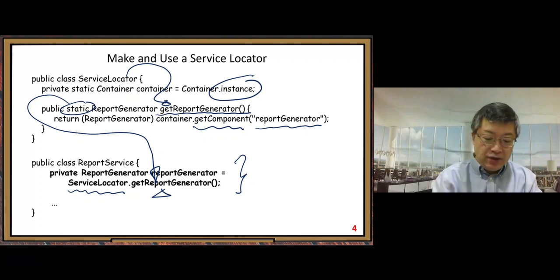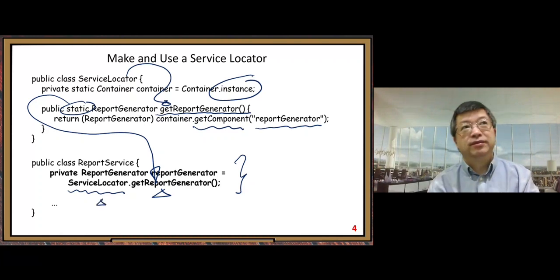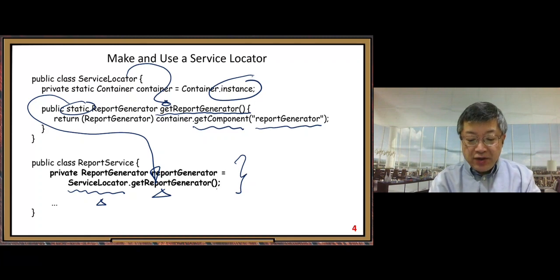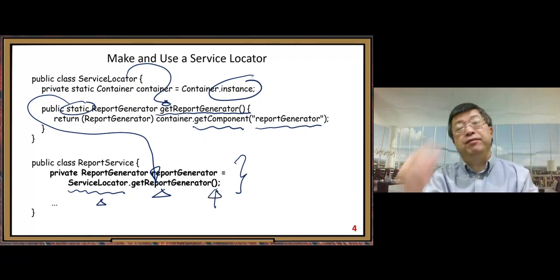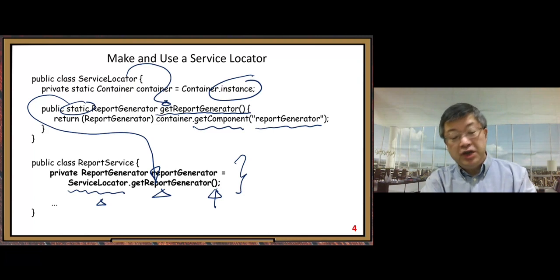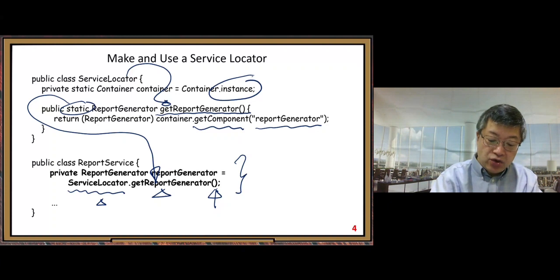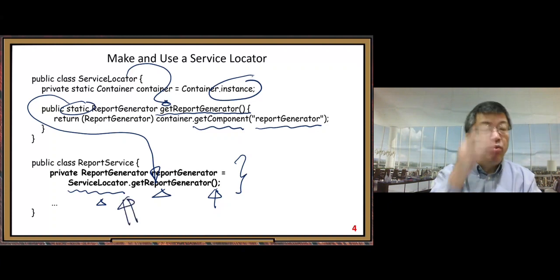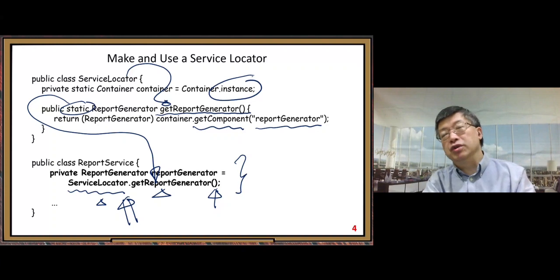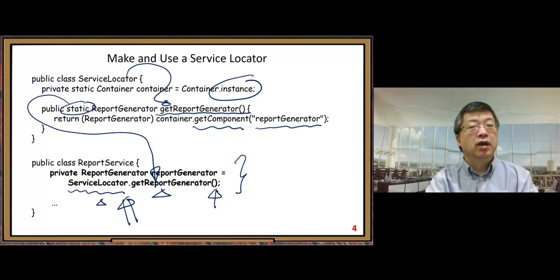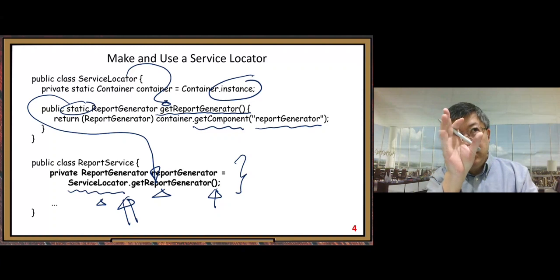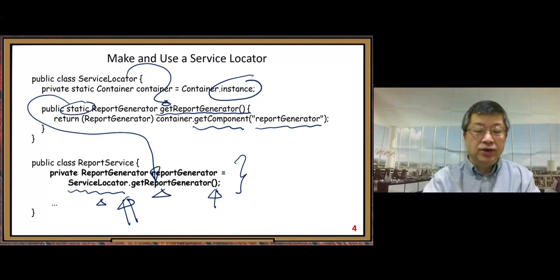You just use its class name directly. Then you do not need to specify the resource name, report generator. You don't even need to mention it. You just trust this service locator to provide you the right resource. That's it. That's the small improvement we are going to make in our third solution.